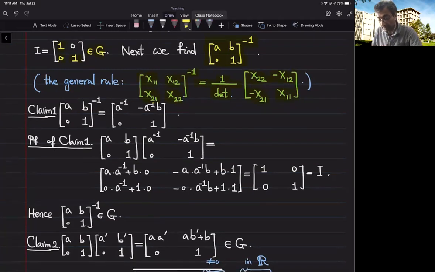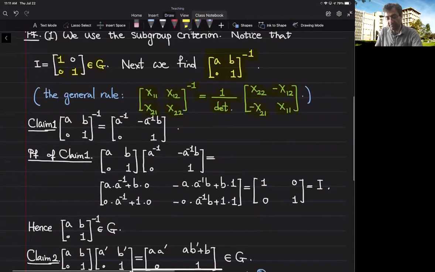Okay, so let's see. Either I can use this claim and write down the inverse of AB01. And as I do so, I end up getting that I have to flip this order and then multiply by the determinant inverse, which is 1 over A. So I get A inverse here and 1 over here. Then I have to multiply this guy by negative.